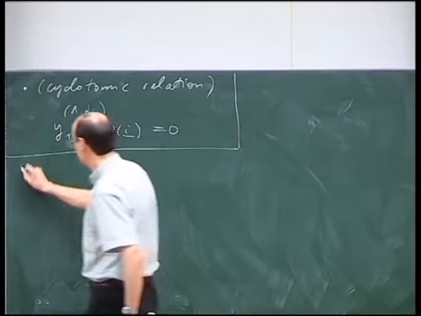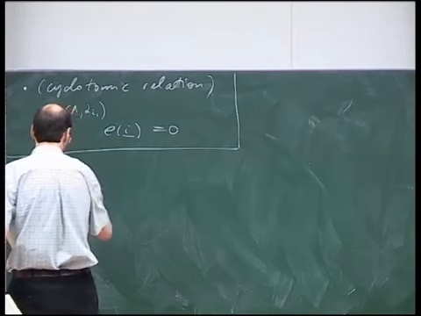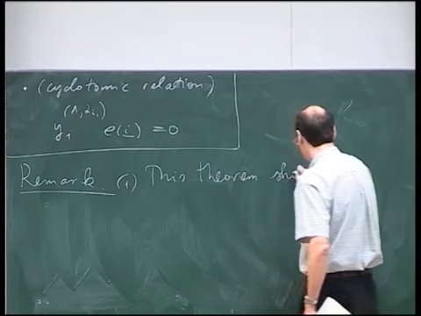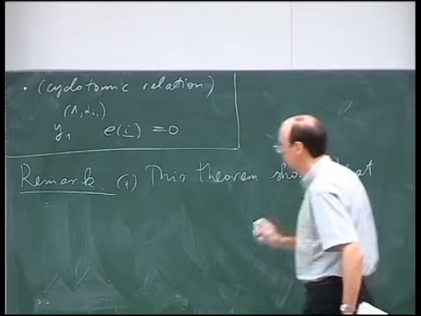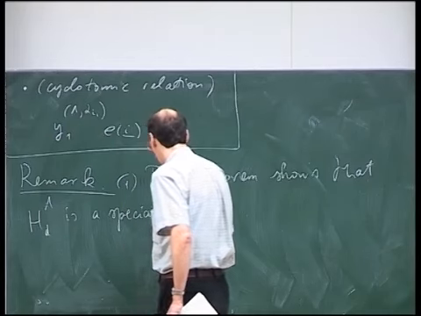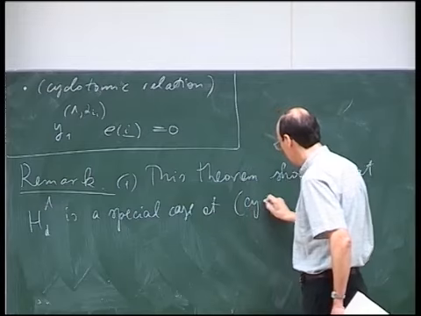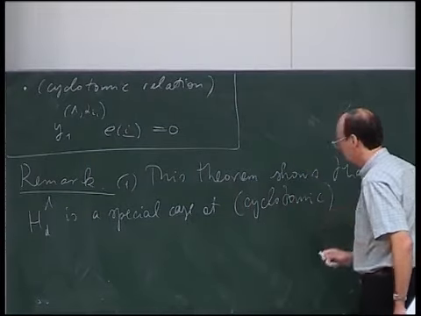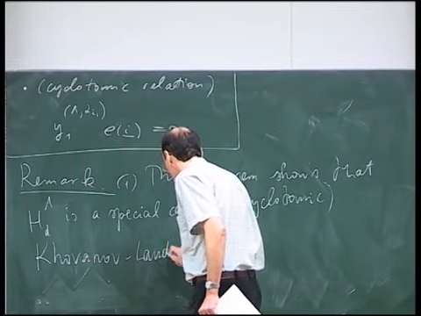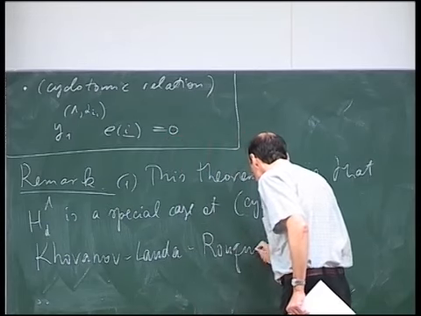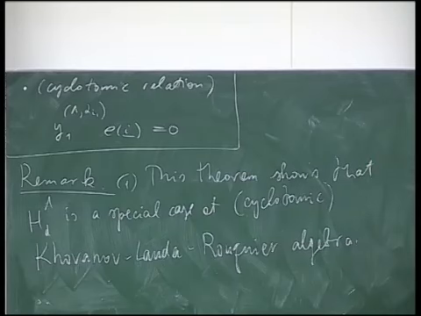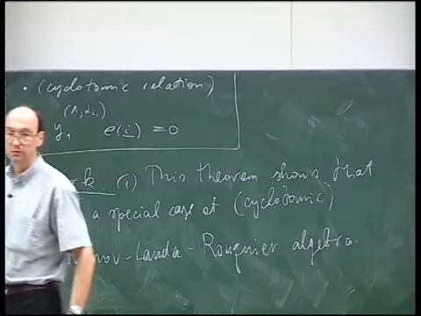So my first remark is that this theorem shows that HD lambda is, strictly speaking, a special case of cyclotomic Khovanov-Lauda-Rouquier algebras, when instead of an arbitrary quiver, you consider this cyclical linear quiver.